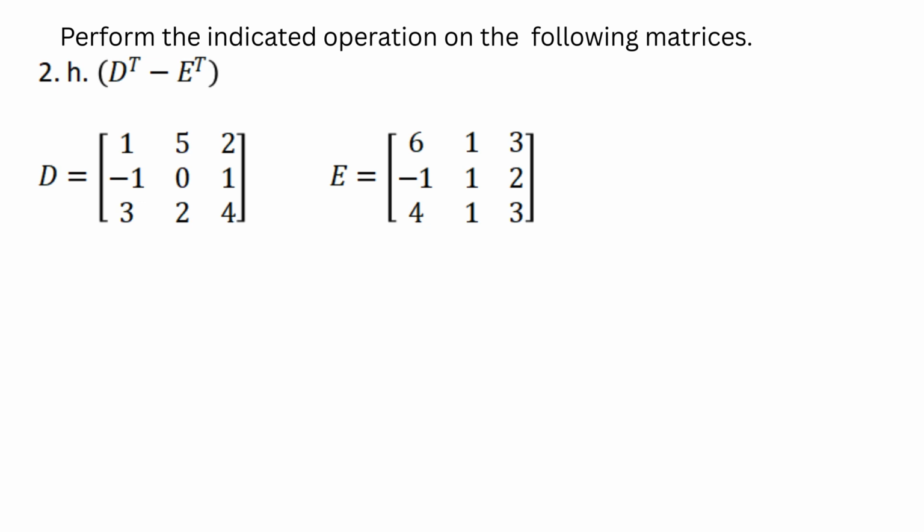For matrix E, column 1 is 6, negative 1, and 4. Column 2 is 1, 1, and 1. Column 3 is 3, 2, and 3.